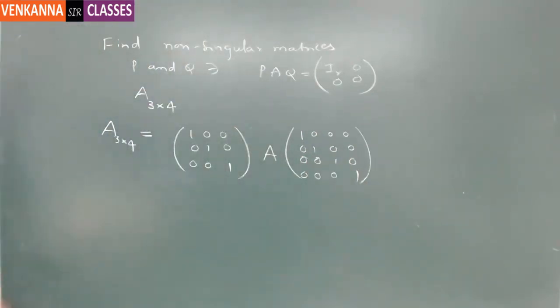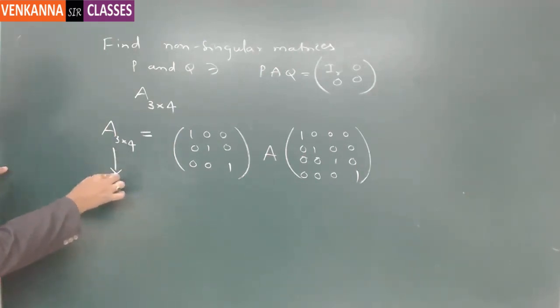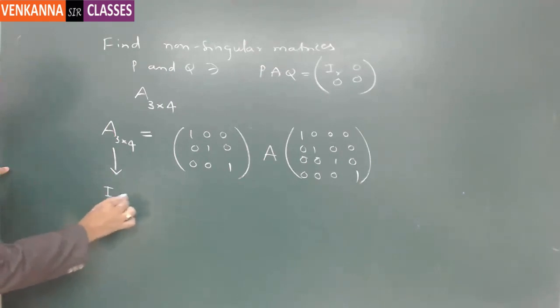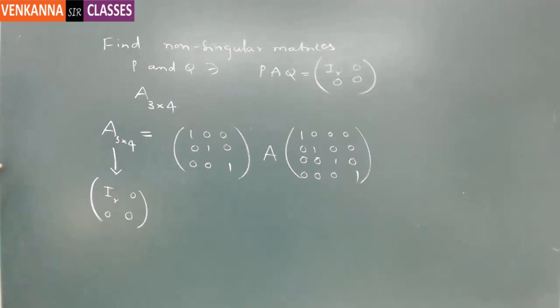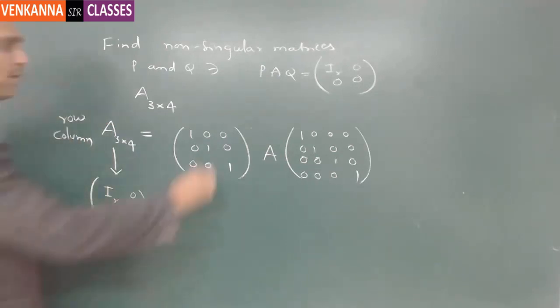Now we apply row operations as well as column operations on this A 3 by 4 so that it is reduced to the form IR 0 0. Since you are applying the two kinds of operations, whatever row operations we apply are also performed on the left identity matrix.